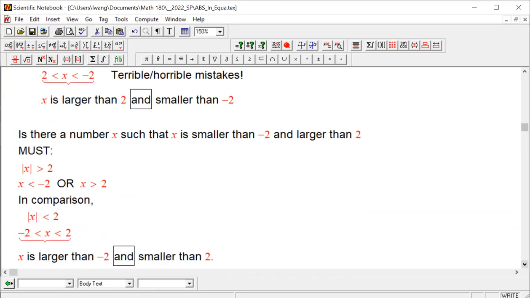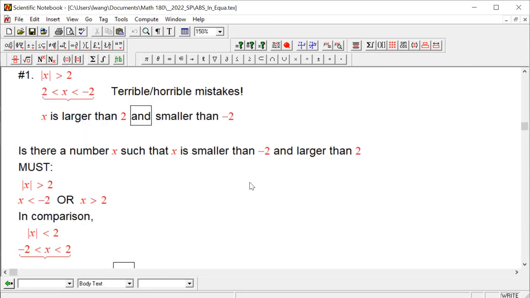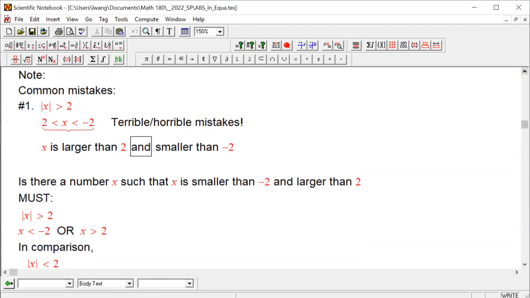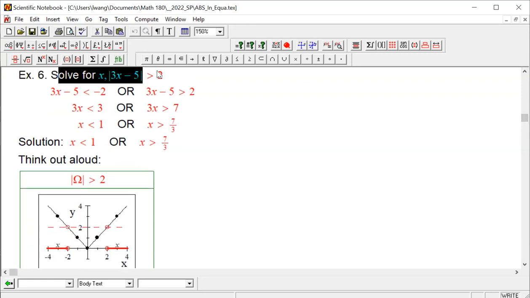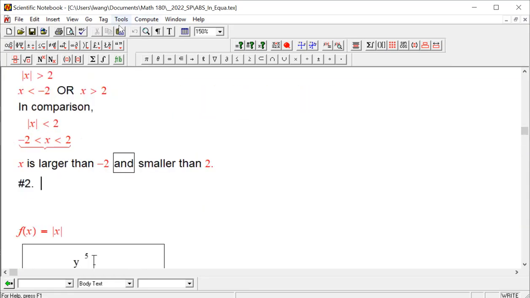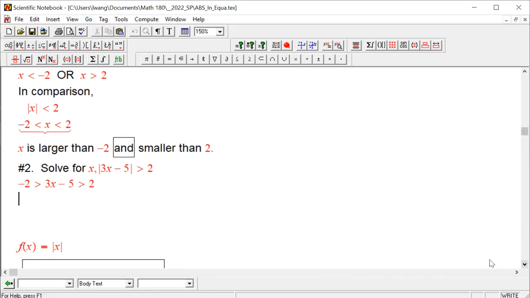Number 2, which is for this particular question we have at hand, right here, we'll have a situation like this. And some people would make that similar mistake. They will say, oh, -2 larger than 3x minus 5 larger than 2. Look at that, guys.